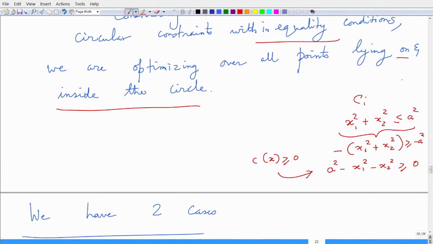Do not always think that when C of x is greater than 0 it is always a curve. For example, in this case if C of x is greater than 0, do not imagine that it is always points that are lying outside the circle. It is not necessarily the case, because if I flip the sign here I will end up with this equation where still I have a constraint C of x which is given by a square minus x1 square minus x2 square, and C of x greater than or equal to 0 implies that we are looking at points that are on and inside this circle, right. This is to be made very clear.